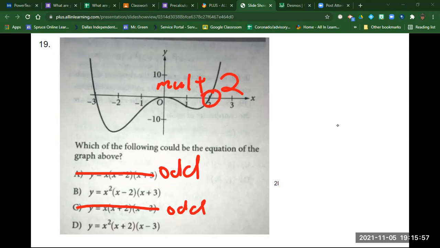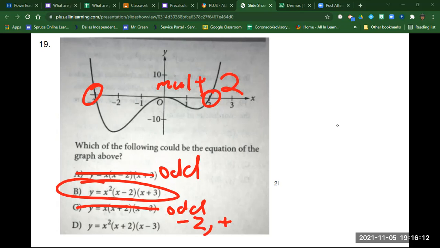So that's a 0 at 2. And we have a 0 at negative 3, because negative 3 plus 3 is 0. So B is the correct answer. Here, the zeros are negative 2 and positive 3. That's not what the zeros are here. The zeros here are positive 2 and negative 2. And that's what we want.